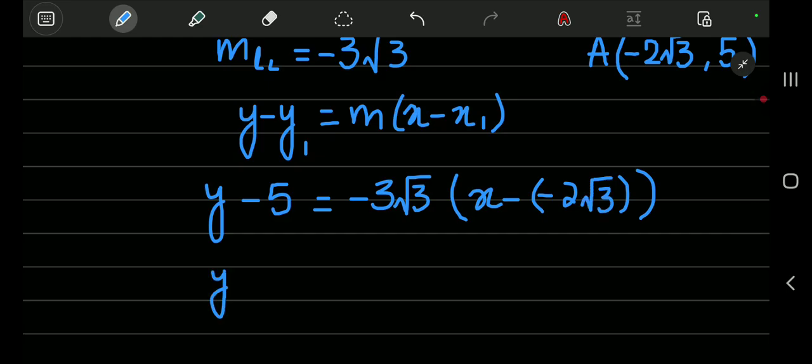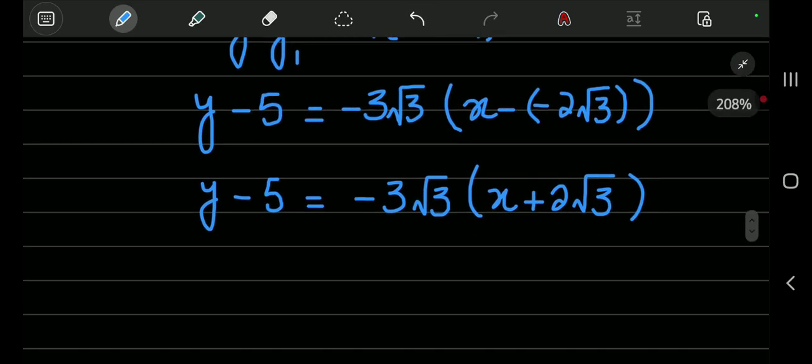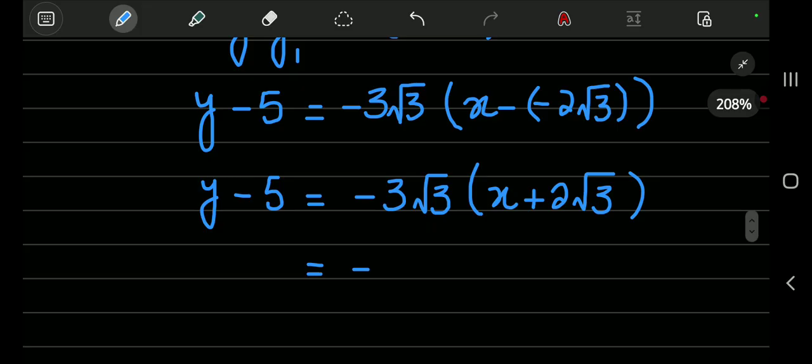Just first simplify it inside, x plus 2 root 3. Now you can simplify it further. It becomes minus 3 root 3 x minus 6 times root 3, and root 3 when multiplied gives you 3.